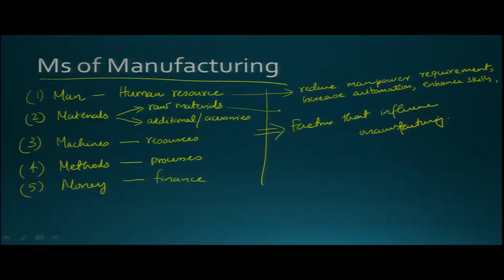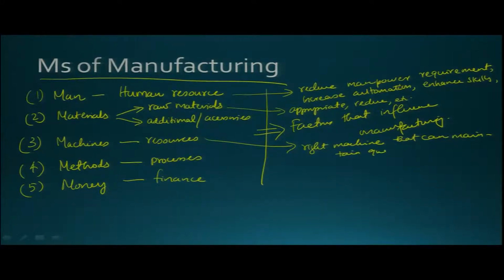In materials, you will say appropriate raw materials, reduced consumption, etc. Additional and accessories are similar. For machines, the right machine that can maintain quality and speed, etc. So, find the right machine to do the job.